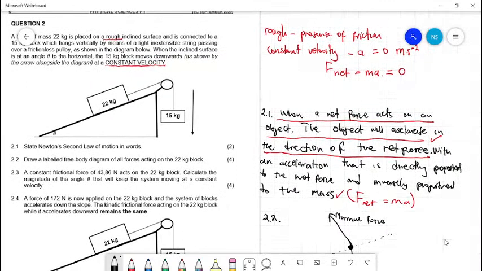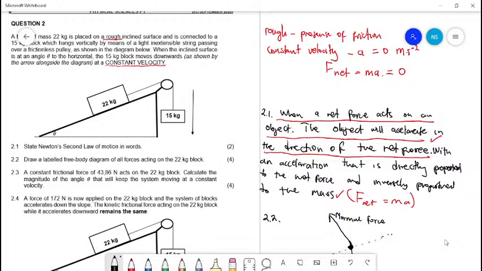It's very important that you know the direction of frictional force. The direction of frictional force will always oppose the direction of motion. So this will always oppose what? The direction of motion. What we see here is that we have a diagram that is moving up the incline, right?